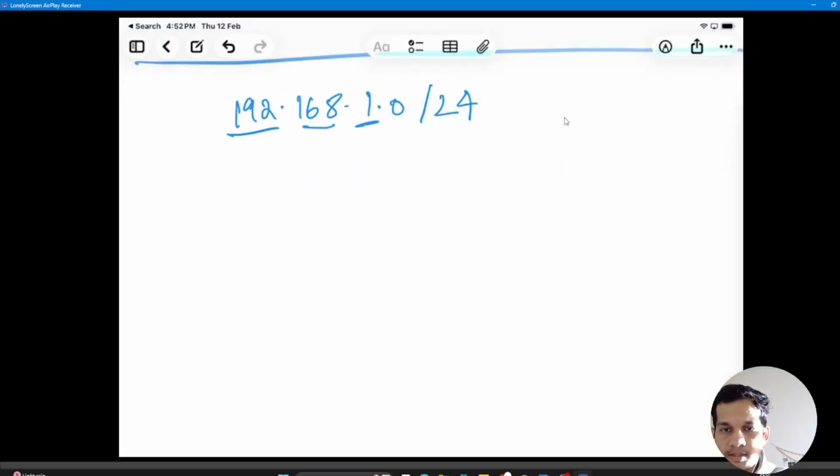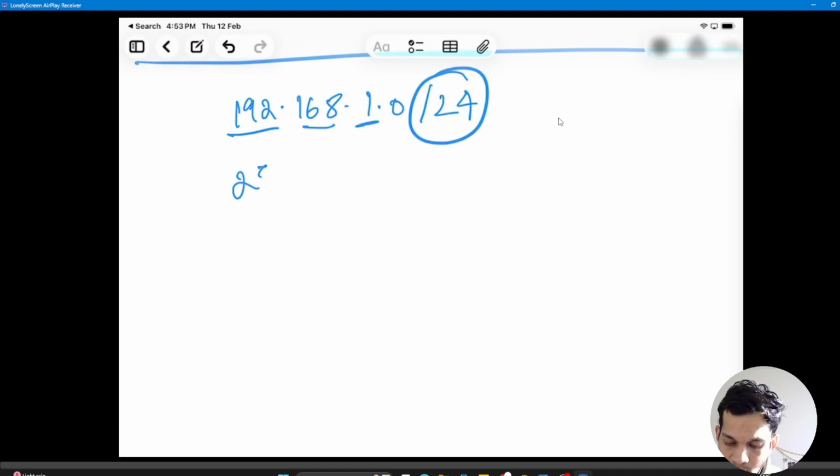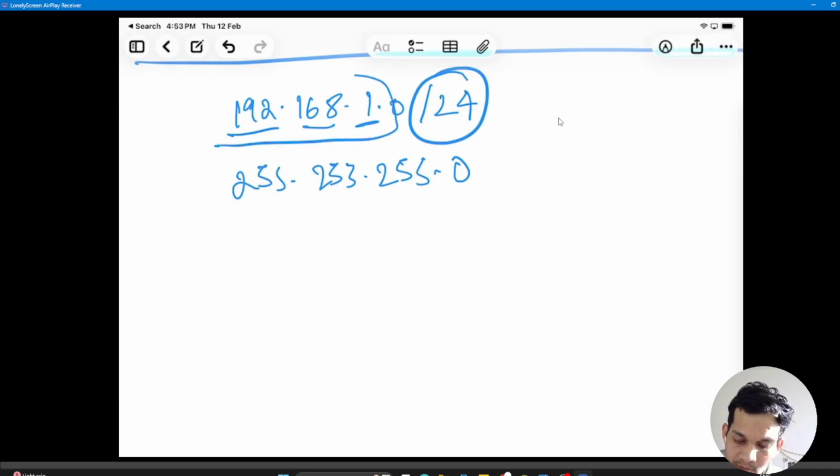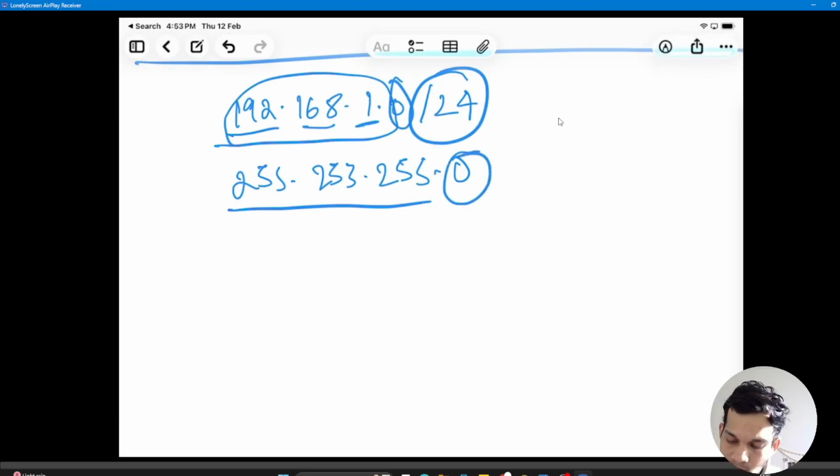What does /24 mean? /24 means 255.255.255.0. That means the first 24 bits belong to the network and the last 8 bits belong to the host. The last part is an octet.